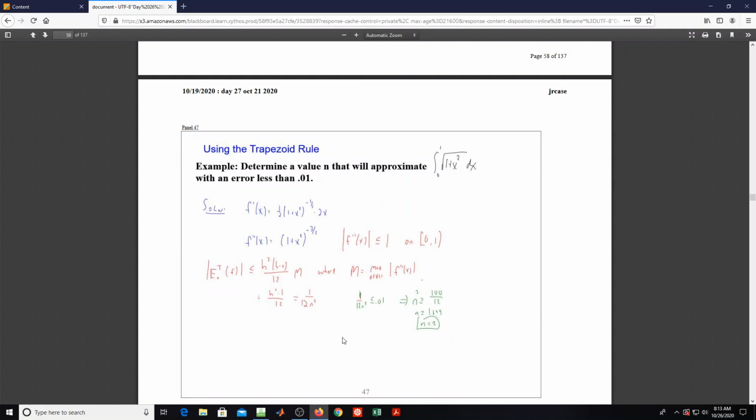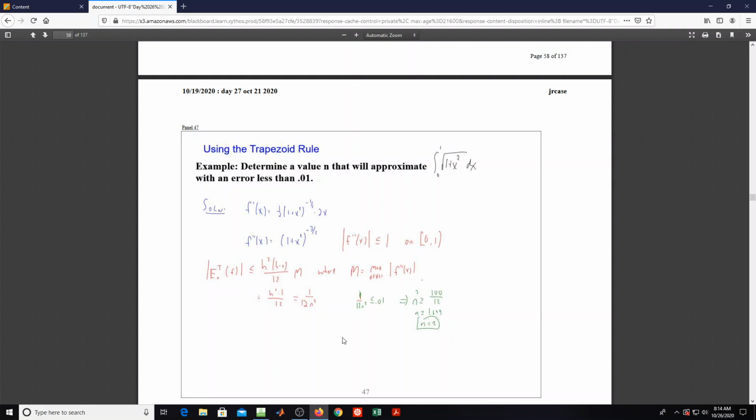What is 100 over 12, roughly? Lauren, you have a computer out. What's 100 divided by 12? 100 divided by 12 is 8.3. So 8.3. n squared is going to have to be greater than or equal to 8.33.